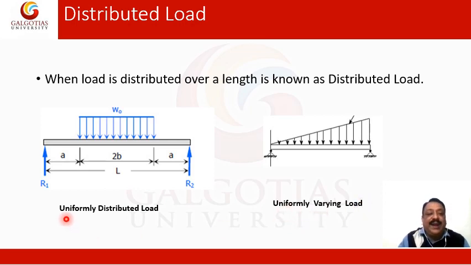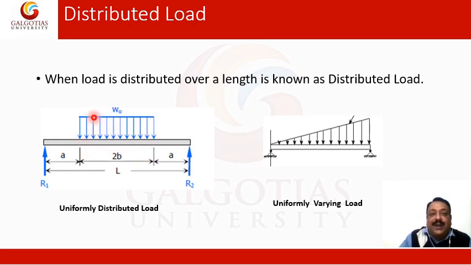So if you look at the figure on the left, you will find a beam, a horizontal member placed in the longitudinal or horizontal direction, and the vertical or perpendicular loads are applied over a length of 2b. So 2b length.